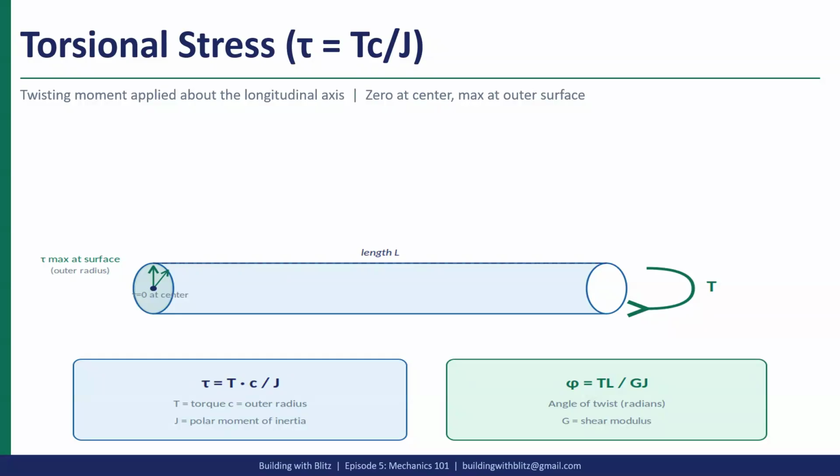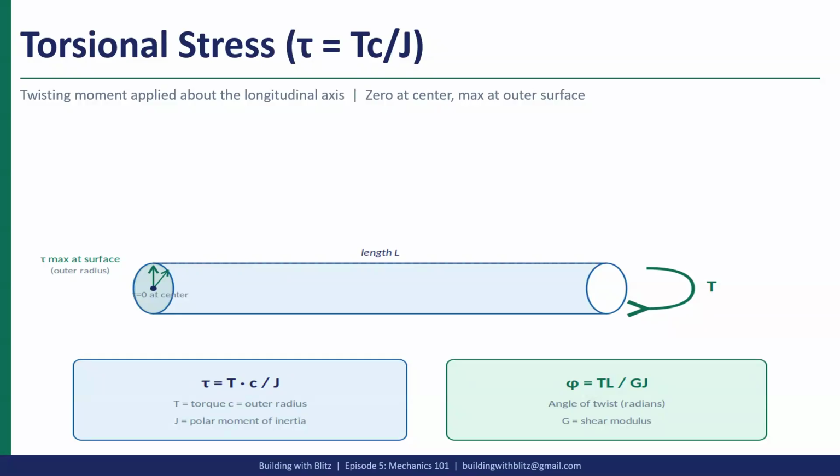Polar moment of inertia, let's say for circular rods, is going to be the diameter of that rod to the fourth power divided by 32. So to increase resistance to torque, you want to make the diameter larger, for a solid circular rod.